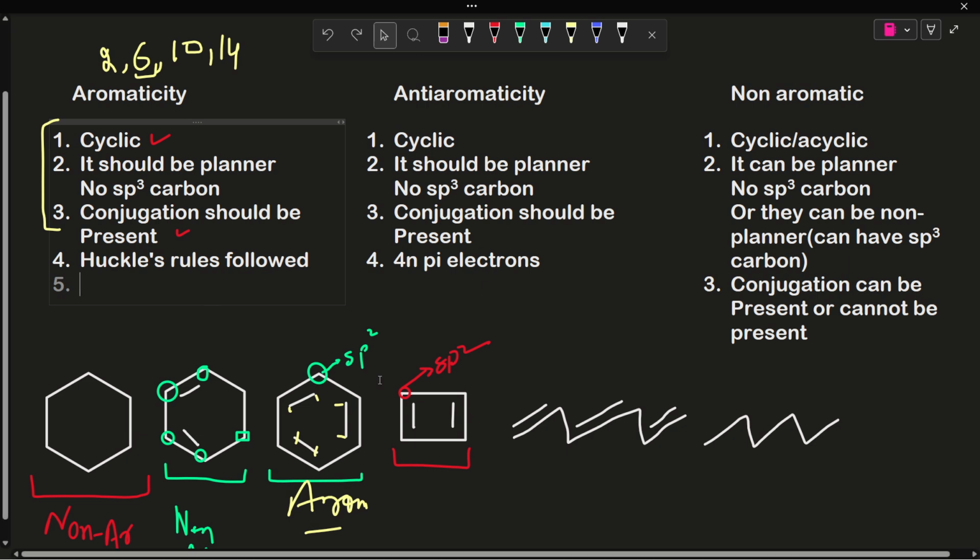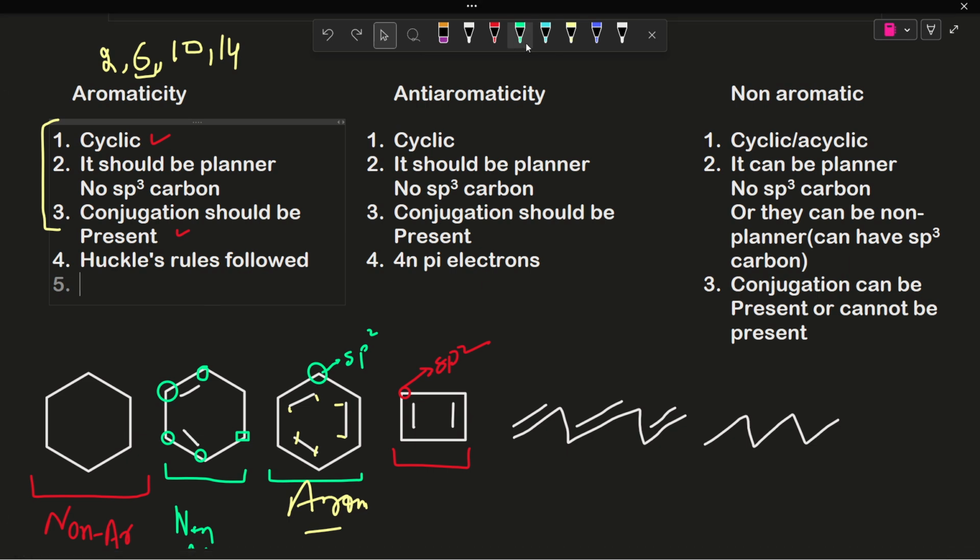Why? Because it has, let me take the pen. All right. So because it has 1, 2, 3, and 4 pi electrons. 4 pi electrons, right? So it is not following Huckel's rules because it doesn't fall in this series. This 4 doesn't fall in this series. Now let's check for antiaromaticity.